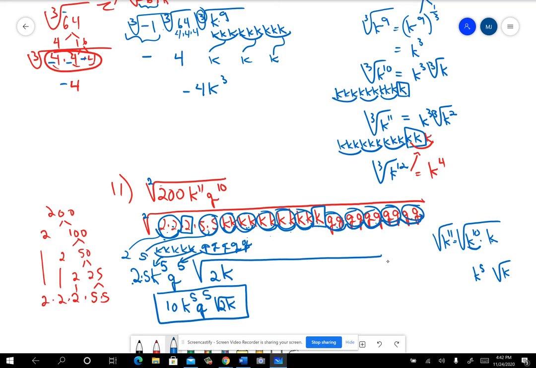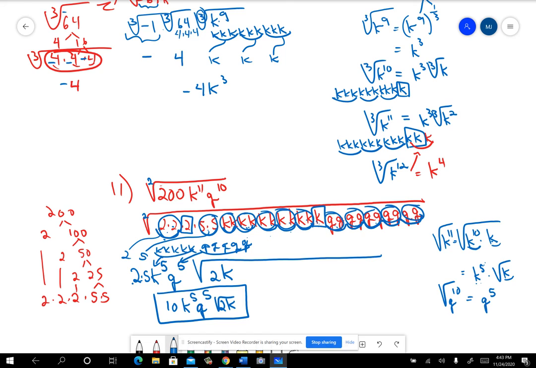I could have 5 pairs, so I can bring out a k for every pair, but then this k would be trapped underneath. So that's kind of a quicker way to do it. So when I was doing the square root of the q to the 10th, it was even. So they were all paired up and I didn't have anything left. I just had a q to the 5th, no radical on it. Okay.